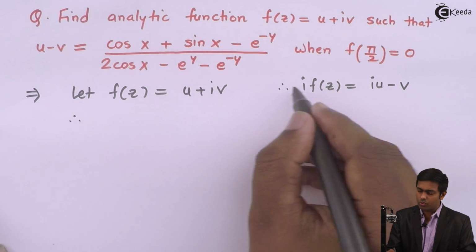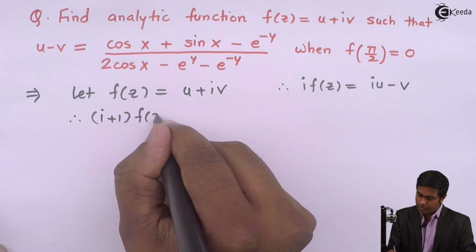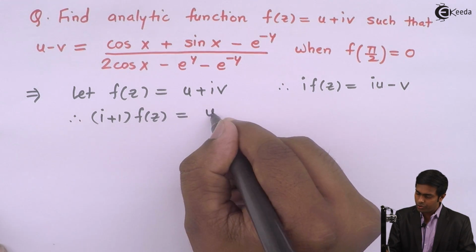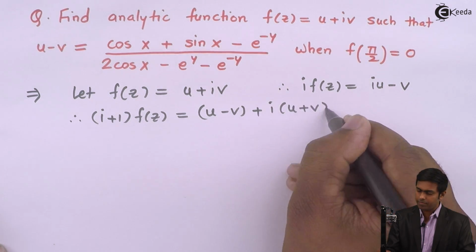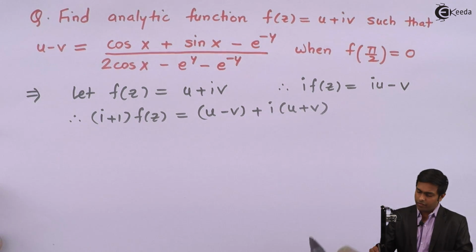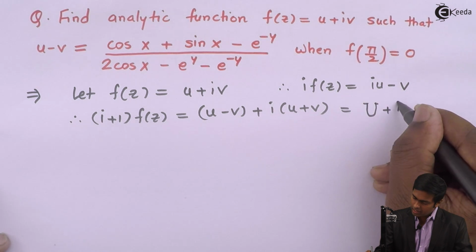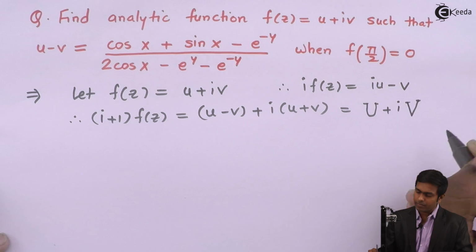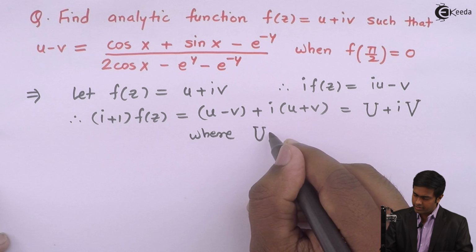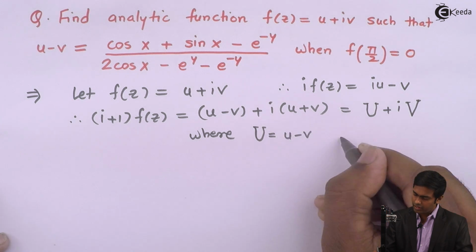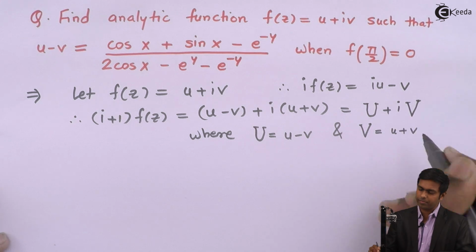Therefore by adding these two equations we will get (1 plus i) into f(z) is equal to (u minus v) plus i(u plus v). Next we will say this as capital U plus i capital V, where capital U is equal to u minus v and this capital V is equal to u plus v.